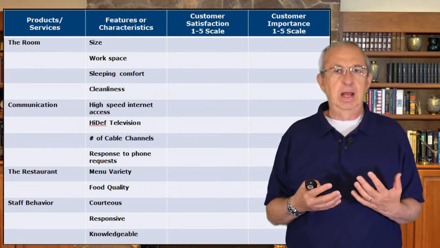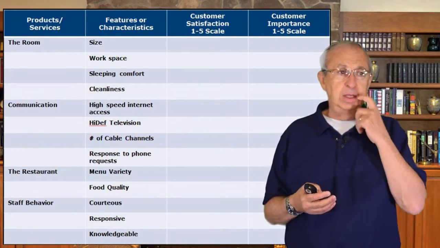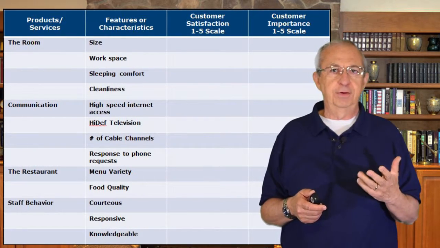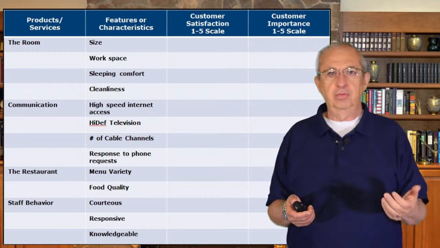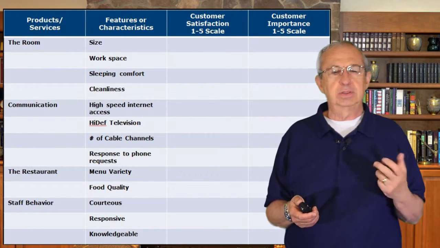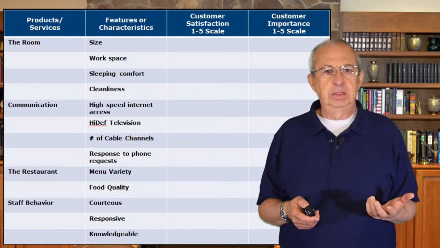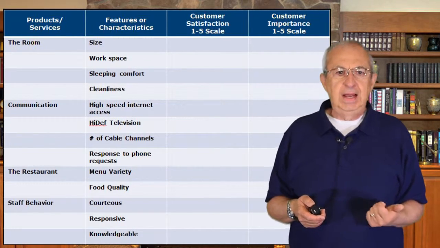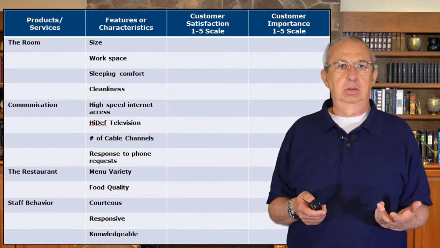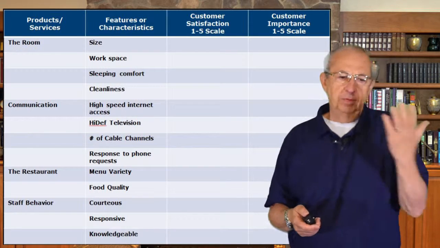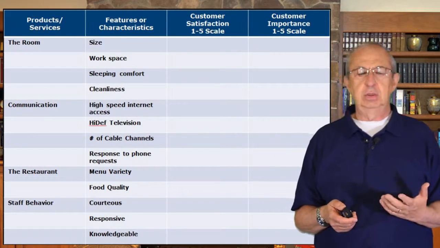Very, very important. How people feel about their stay is at least in part conditioned by how you answer the phone when they call down for room service or for something else. And there's a restaurant, let us assume, in the hotel. And then there's staff behavior, right? And in the restaurant, of course, you have the menu and the quality of service and so forth.